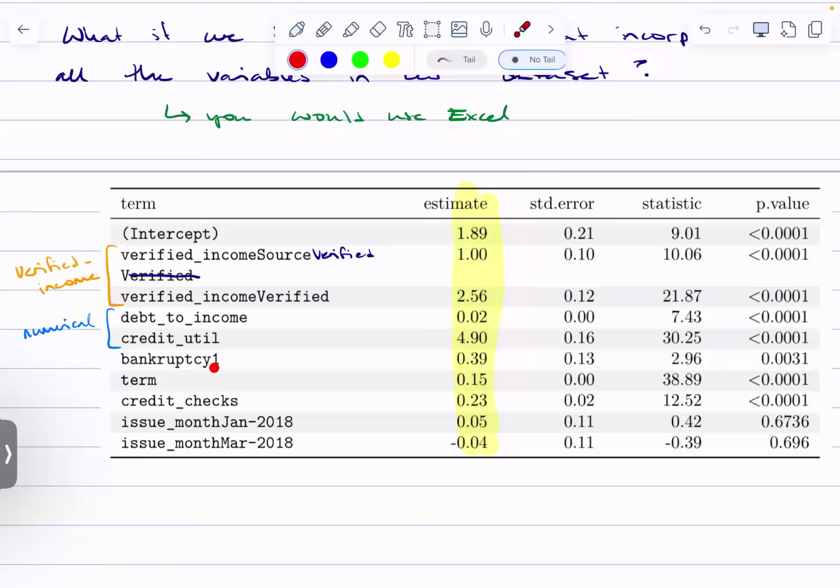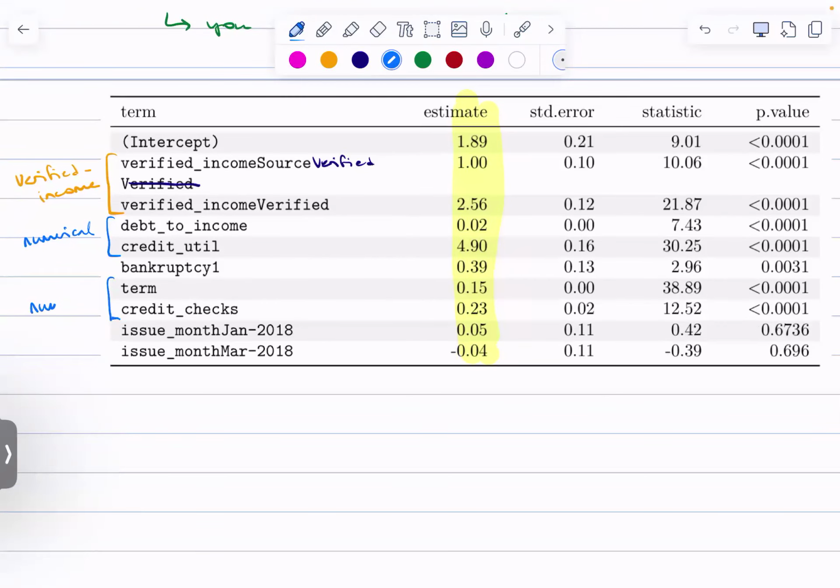And again, the 1 is incorporated here, but the 0 is in the intercept. It's also baked into the reference level. And then the term is a numerical variable. And the credit checks was the number of credit checks that they'd had done probably in some amount of time. So these are both numerical.